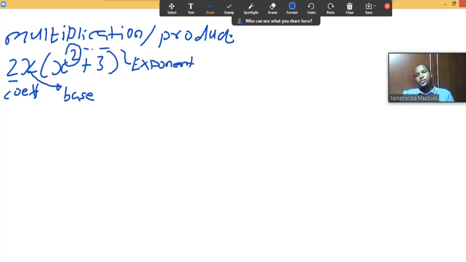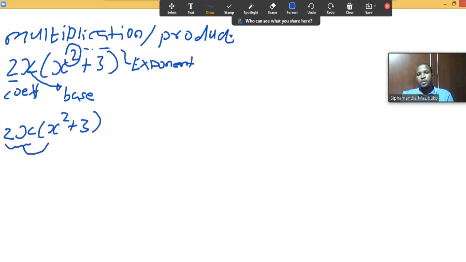Alright, so let's say we want to multiply this out. Let's write it properly here. We have 2x into x squared plus 3. If you want to multiply out, you have to multiply this term here with whatever is inside here.